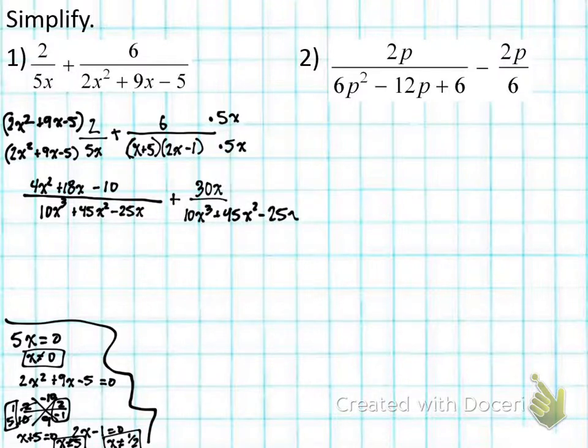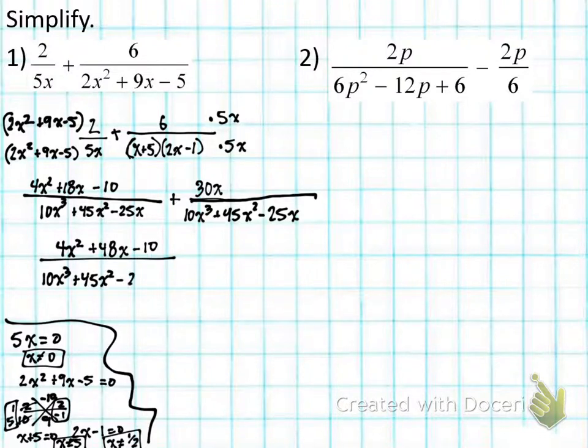Then I'm going to combine like terms. 4x squared: are there any other x squared terms in the numerators? Nope. So I have 4x squared. Then 18x plus 30x is 48x. Then negative 10, nothing else to combine with that. And then we have a common denominator of 10x cubed plus 45x squared minus 25x.